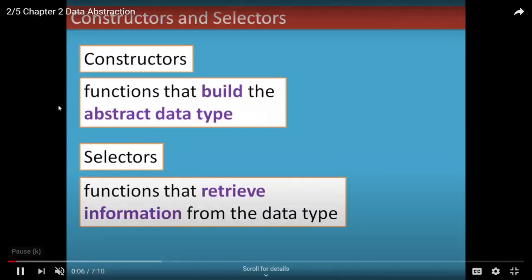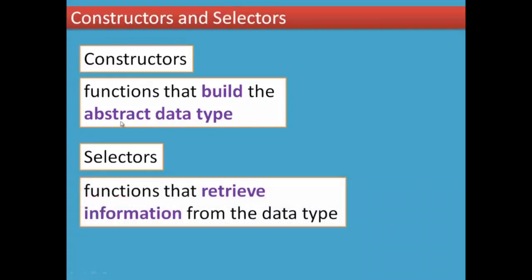The next topic we are going to see is abstract data type. Constructors and selectors. Constructors are those functions that build the abstract data type, and selectors are those functions that retrieve information from the data type. Retrieving the information from the constructors is done by selectors.